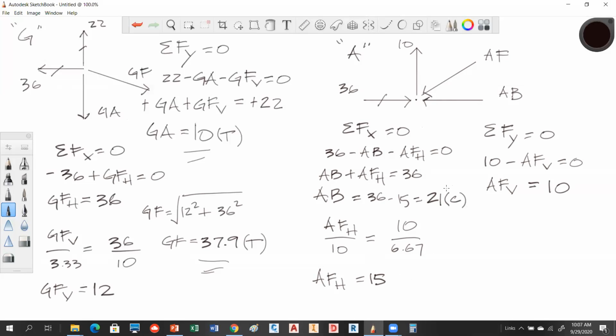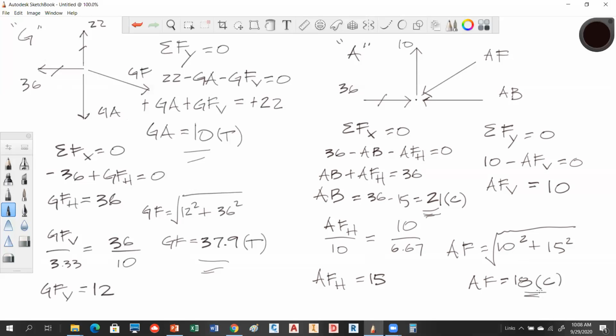That's a compression member at 21 kips, and AF itself is going to be the square root of 10 squared plus 15 squared, which gives you 18. So 18 compression.